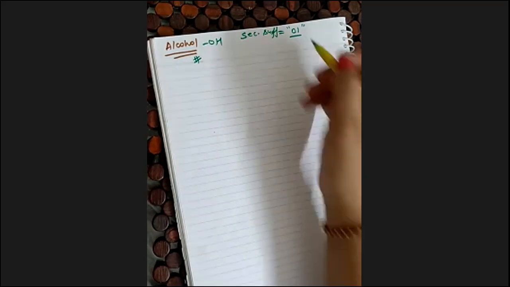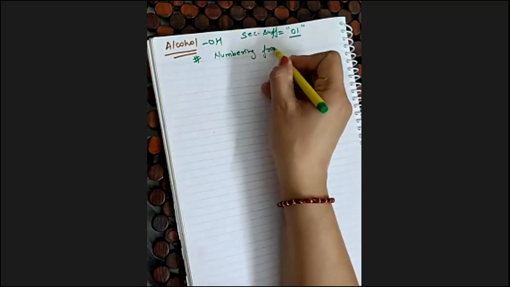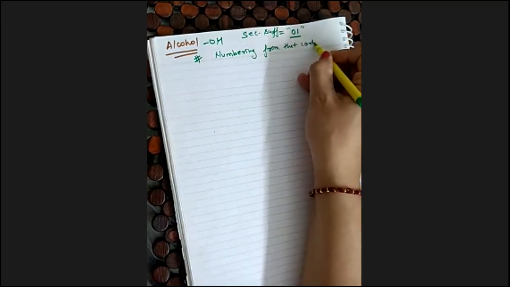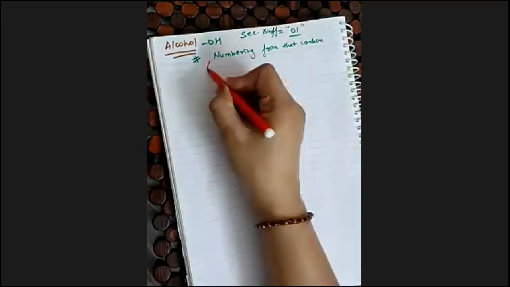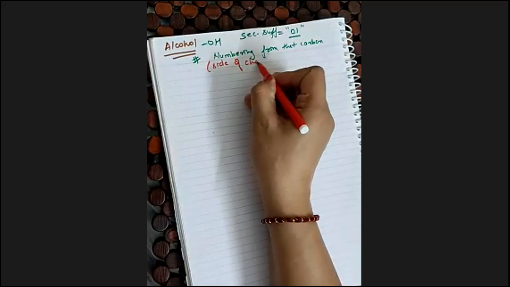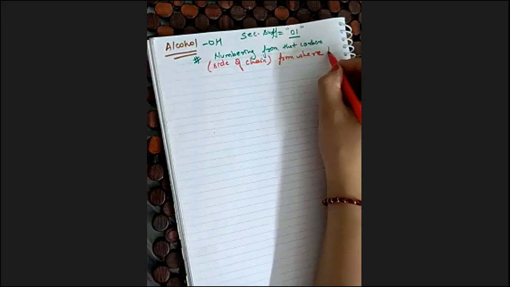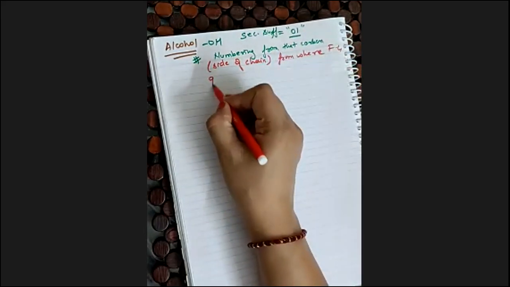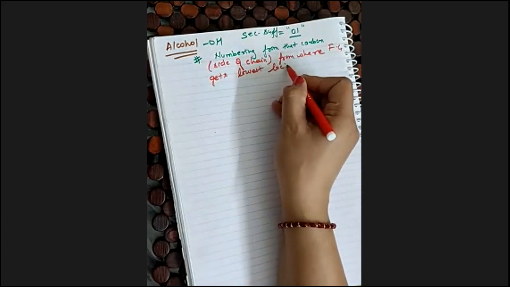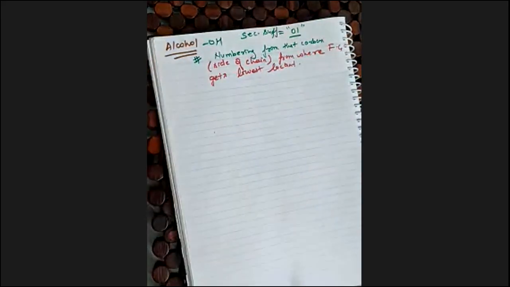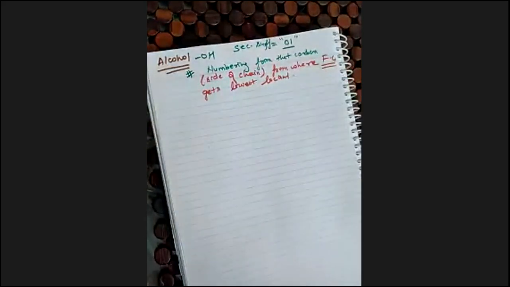First, numbering: start from that carbon, or that side of the chain, from where the functional group gets the lowest locant. Basic rule: you have to start numbering from the carbon where your alcohol functional group gets the lowest position.